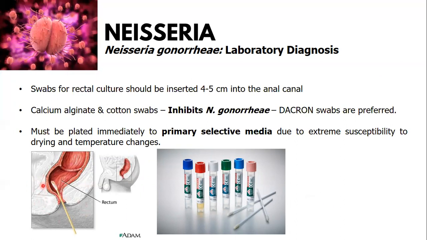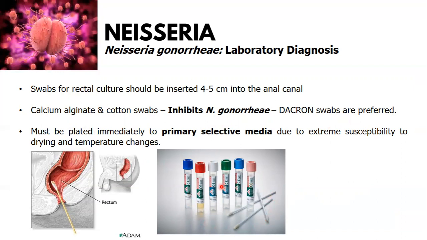And take note that calcium alginate swabs and the ordinary cotton swabs that we use in the laboratory are not suitable for collecting specimens for Neisseria gonorrhoeae because they contain toxic substances that inhibit Neisseria gonorrhoeae. And therefore Dacron swabs are preferred.